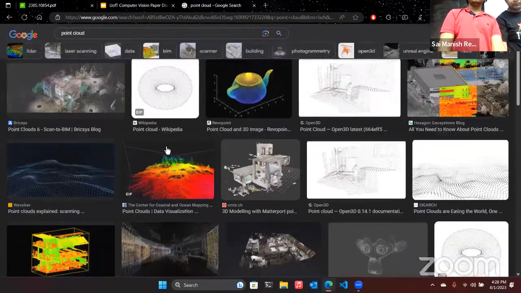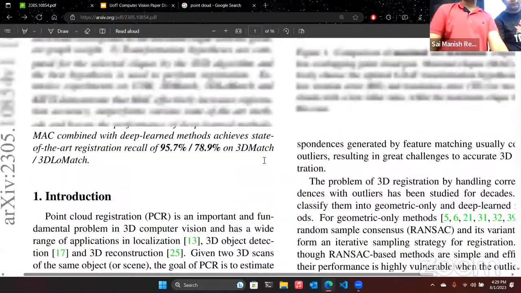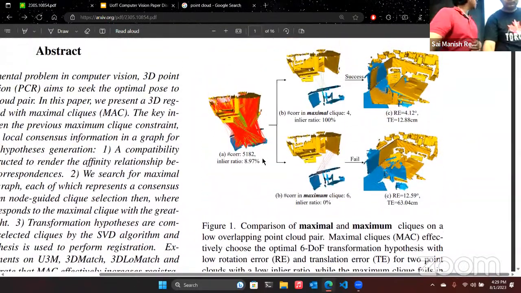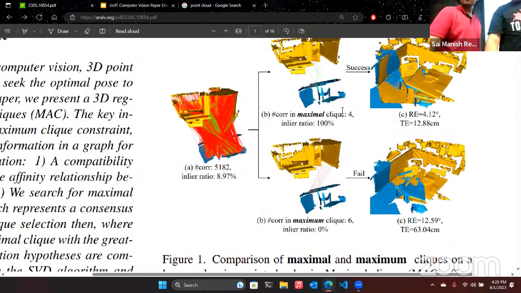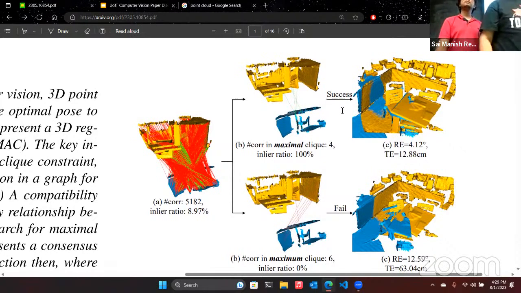This is what a point cloud usually looks like. It's given in 3D, and if it's given in 3D, I have to understand what kind of 3D body is aimed at by this collection of points of coordinates.